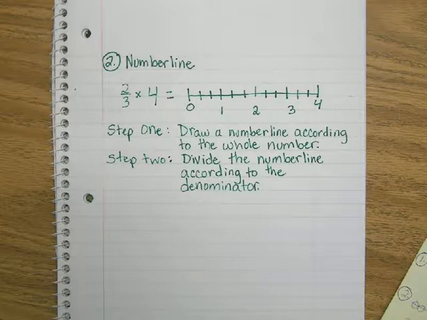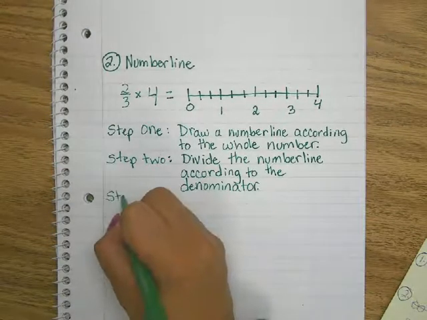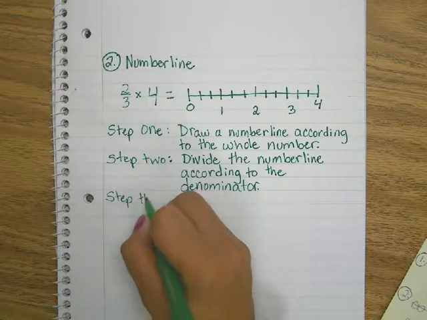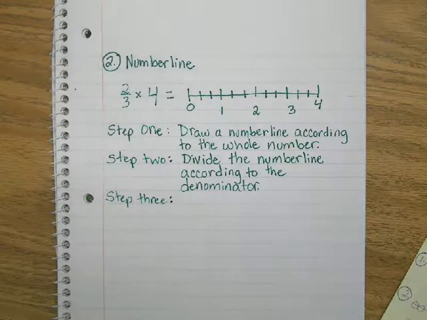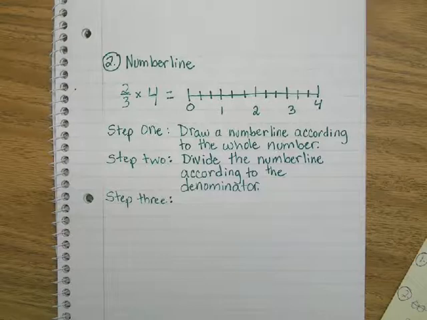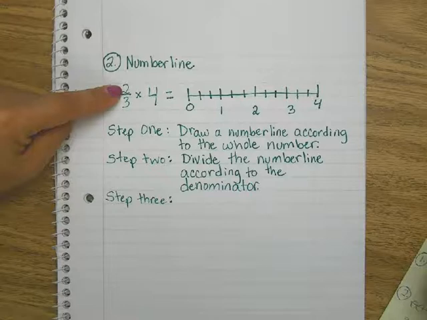Step 3. Step 3, you're going to circle 2/3 of each whole number. Well, you're going to circle the fraction of each whole number. So let's write that down.